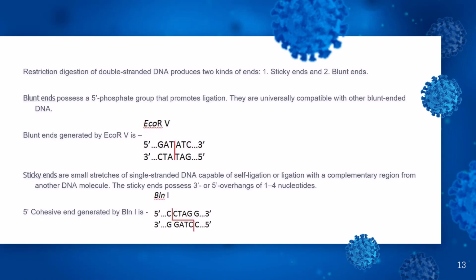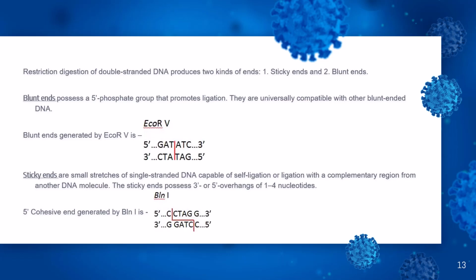Restriction digestion of double-stranded DNA produces two kinds of ends, sticky ends and blunt ends. Blunt ends possess a 5' phosphate group that promotes ligation. They are universally compatible with other blunt-ended DNA. For example, EcoRV. If you see the diagram here, it cleaves between GAT and ATC.